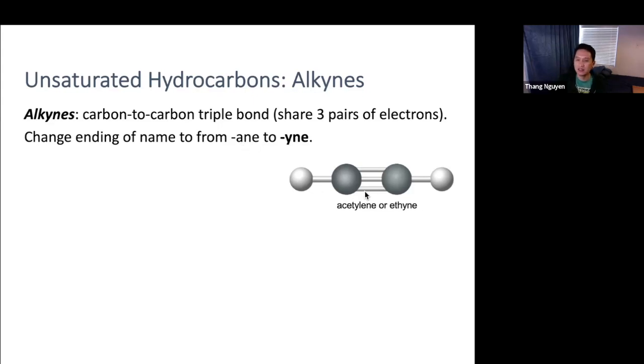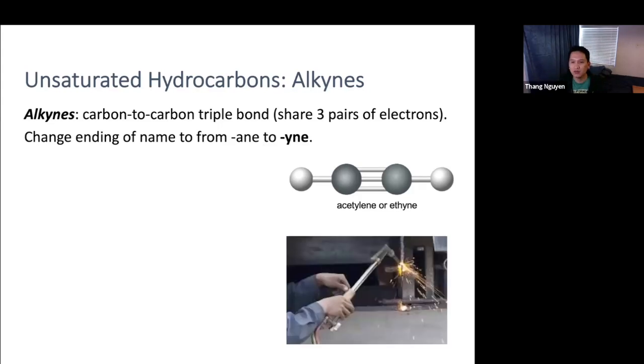So this is an ethane before, and when it's a double bond, it becomes ethene. Now with a triple bond, it becomes ethyne. And where do we use this? The most common alkyne you will know is acetylene, also known as ethyne, as a gas, and it's used in welding. Basically, when it burns, it's very hot, and so it's used to weld things.